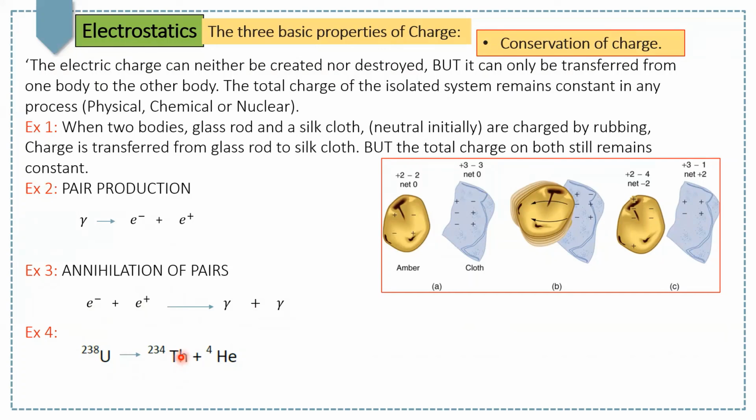Hence, its charge is 90e. And here is the alpha particle having charge 2e. So, before decay, the charge is 92e. And after decay, the charge is still 92e. So, it means that the conservation of charge holds.